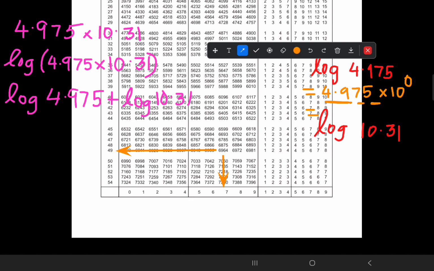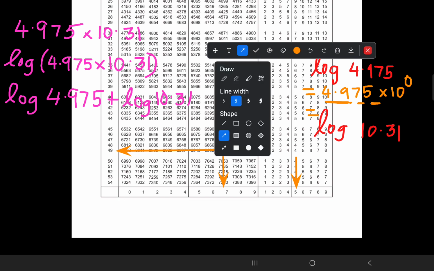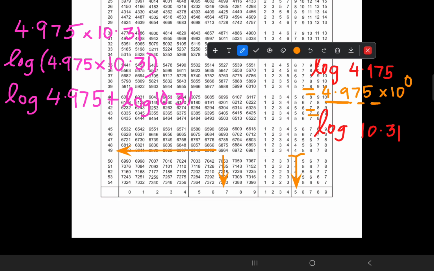The 5th mean difference in the same row would be 4. Okay, let's add this 49th row, 7th column value. It would be 6964. With that, we need to add the mean difference 4. 6964 plus 4 would be 6968.